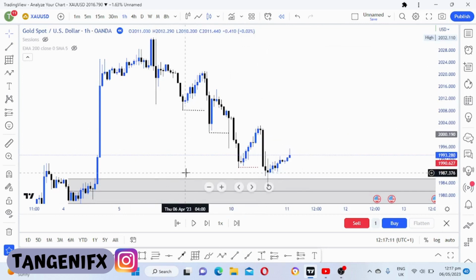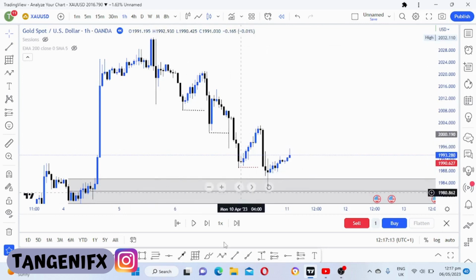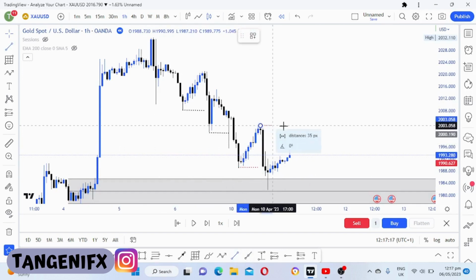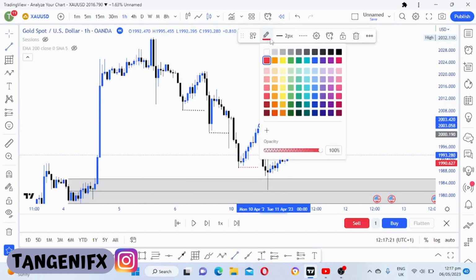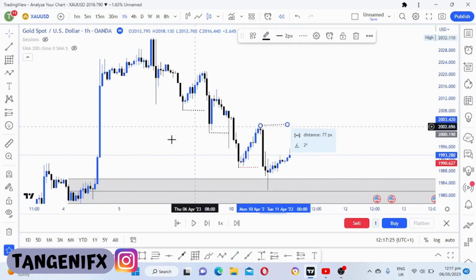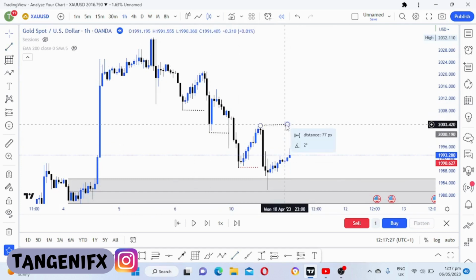So now as you can see, I'm looking for price to break where? To break this. Once price breaks that lower high, then we have a change of character.